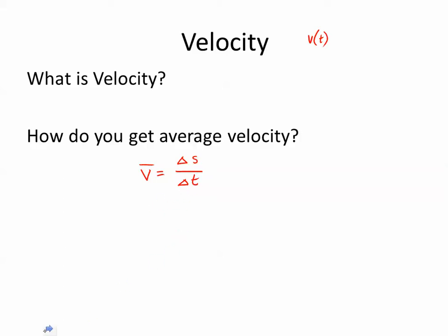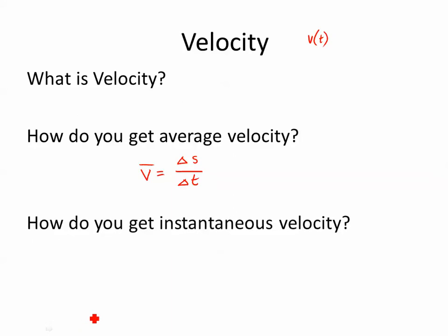All right, so then we go on and we say, okay, well, how do we get instantaneous velocity? Well, instantaneous velocity is going to be related to this, except instead of finding it over a finite period from time 1 to time 7, we're finding it at a specific instant, right?